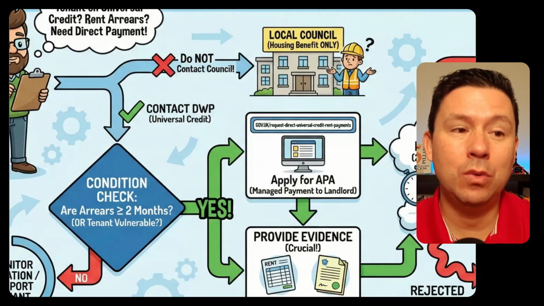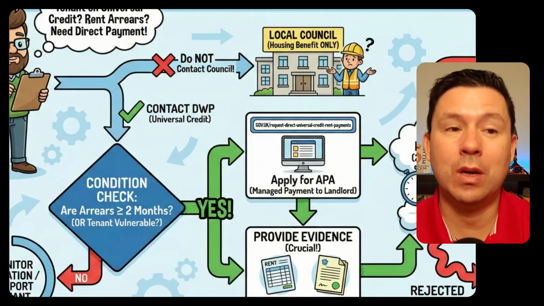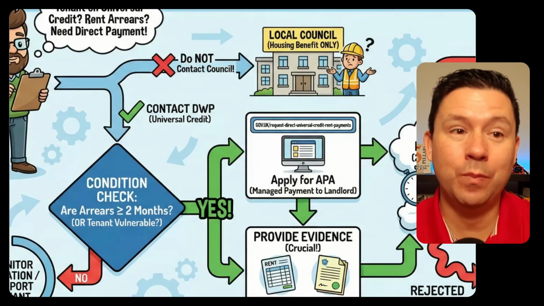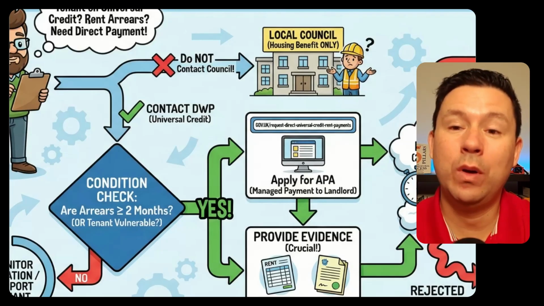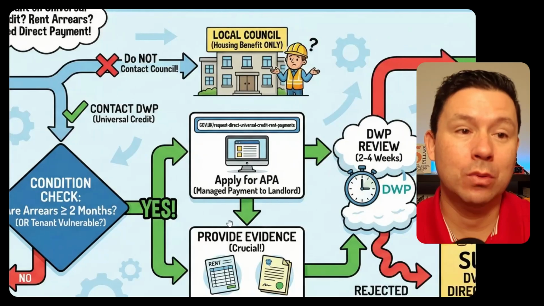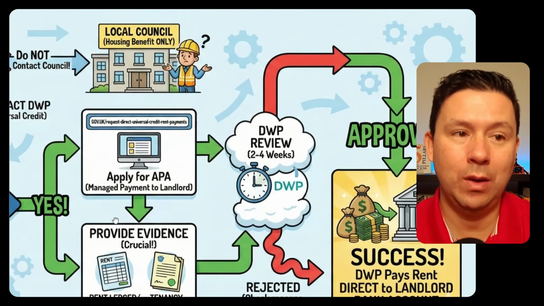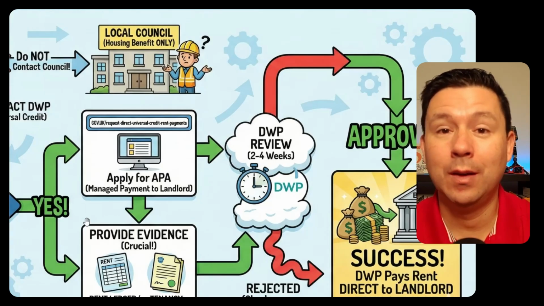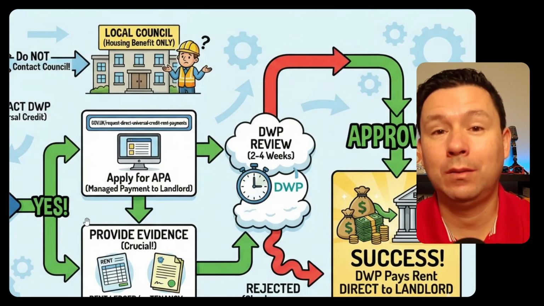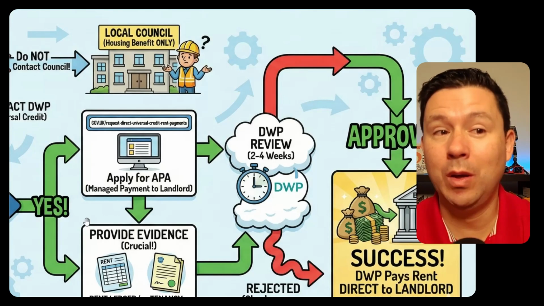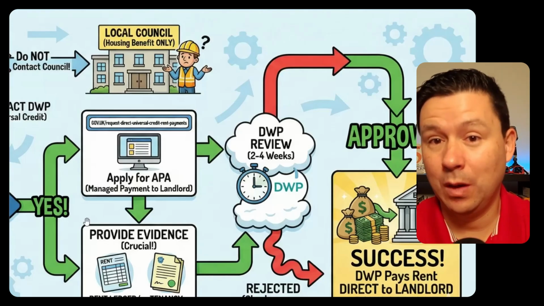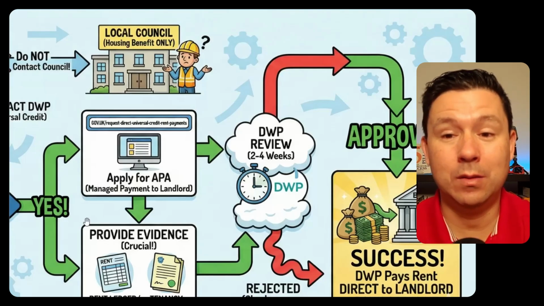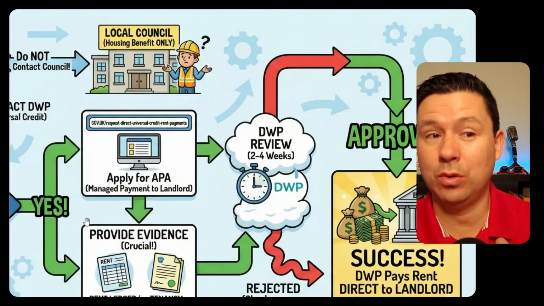Then you will need to provide some information as to how the tenant is in arrears and the tenancy agreement. You then will have to wait for about 2 to 4 weeks to get the email I mentioned before, the one they tell you normally, we cannot help you because the tenant is not in our database, even though he might be, and they don't give you information on it.